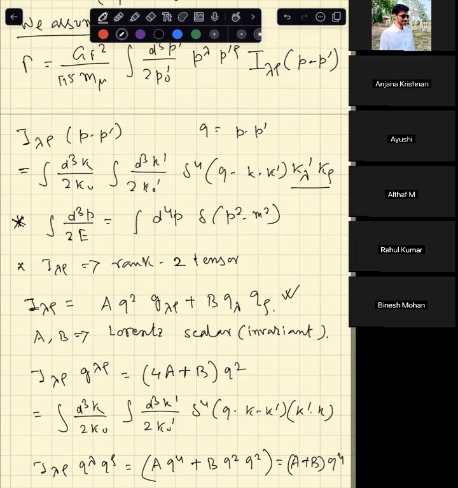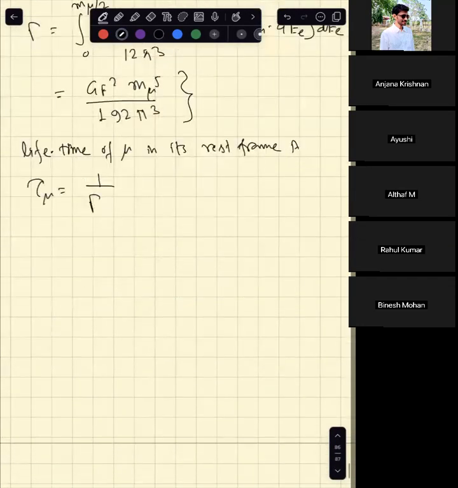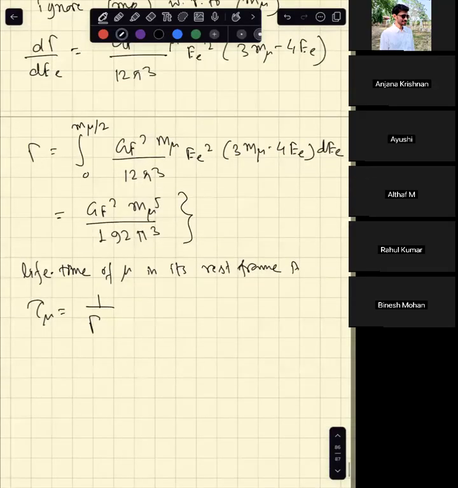Now the thing is basically what is happening, that's what I'm saying, look at my last comment that I've written down: lifetime of the decay width in its rest frame. Now as we know, if we can give some kind of boost to this particle, then of course its lifetime and all those things will change.